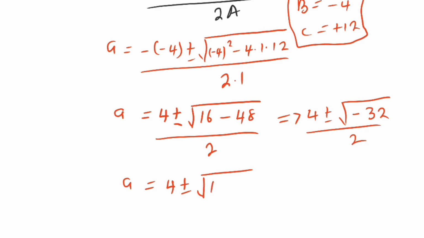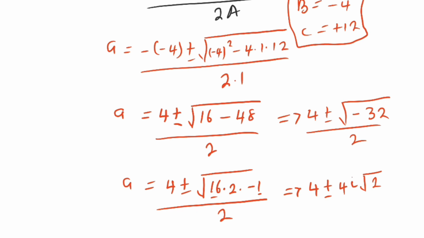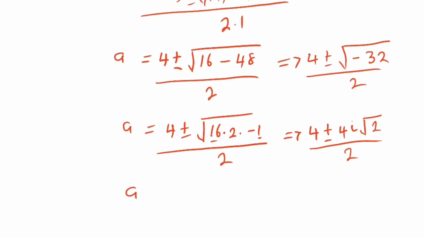Then A is equal to 4 plus or minus square root of minus 32, which can be written as 16 multiplied by 2 multiplied by minus 1, over 2. This is the same thing as 4 plus or minus square root of 16 is 4, square root of minus 1 is I, root 2, over 2. A is equal to 4 over 2 plus or minus 4I over 2 root 2. 2 here 1, 2 here 2.